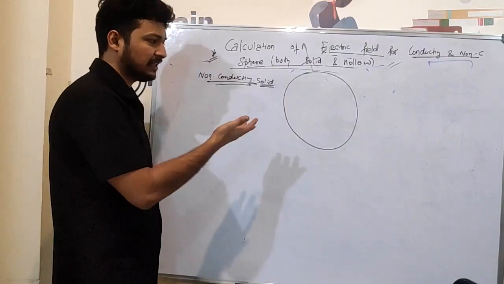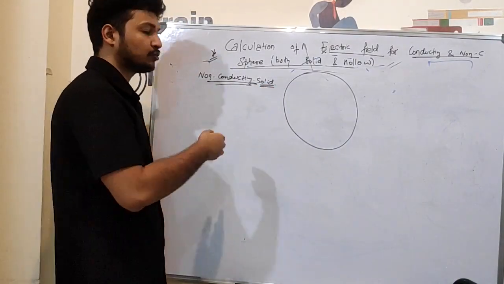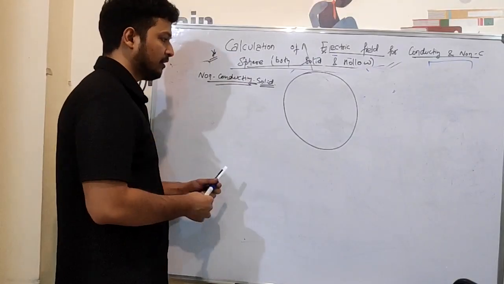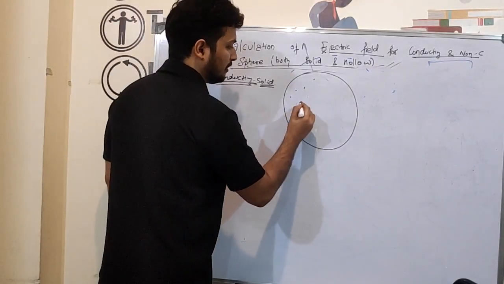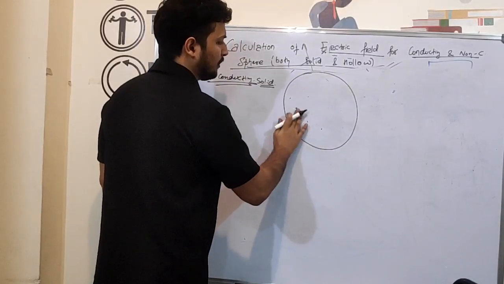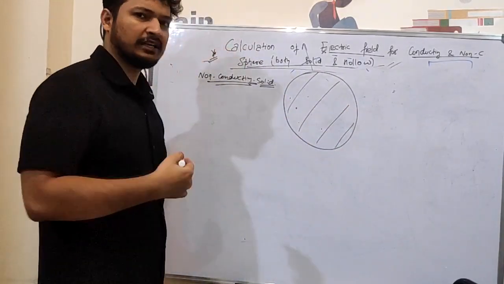So we are saying that this non-conducting sphere which we have is solid in nature. That means there will be charges in its volume. Or you can just simply draw it like this also: the whole sphere will have material inside it.